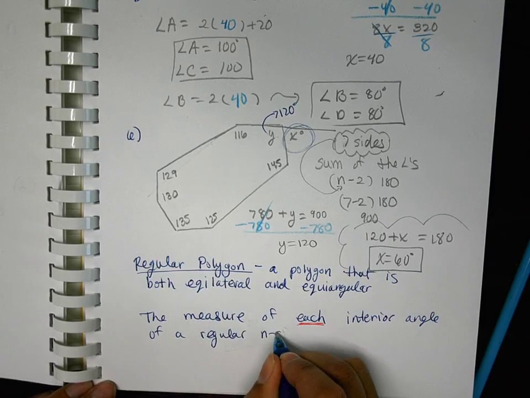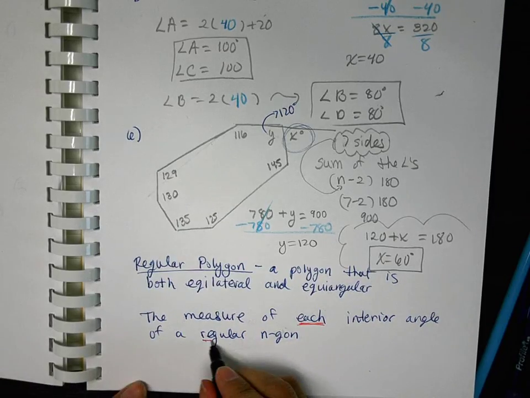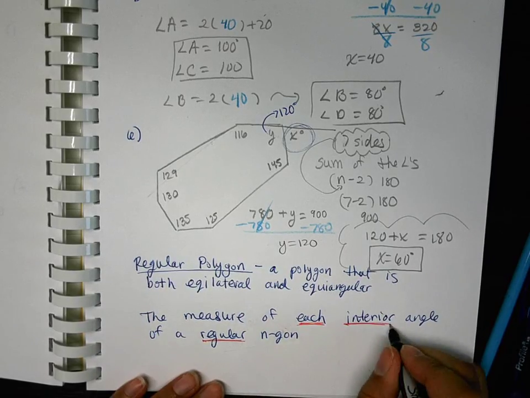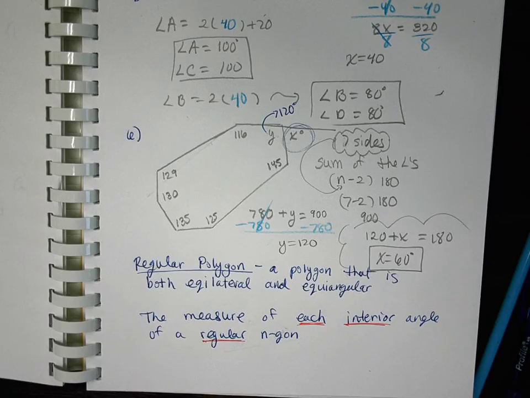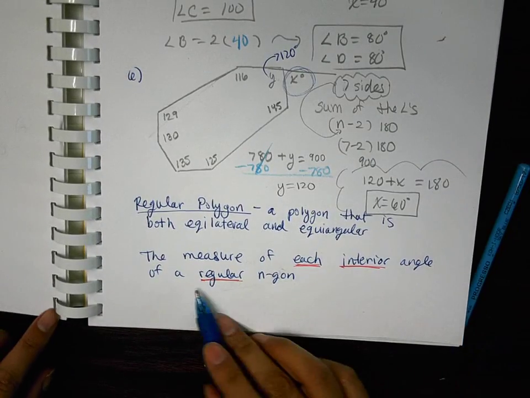N-gon is a polygon with n number of sides. Regular is the other key word. And I forgot to underline interior because we will have exterior later. All right. Any questions? N-gon, that's a polygon with n number of sides.